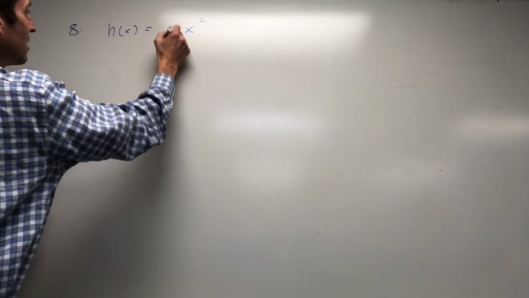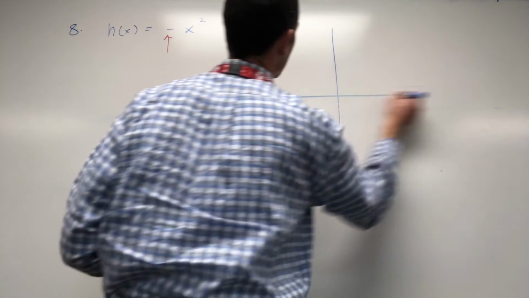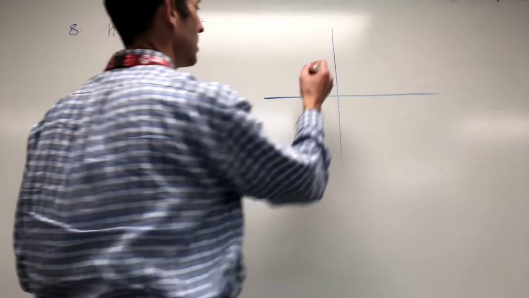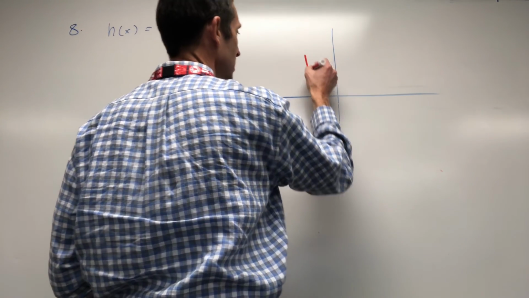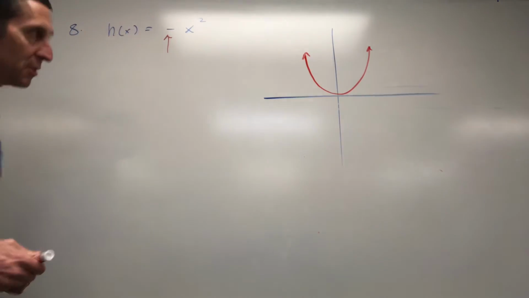And again, when you see that negative sign out in front, that's your ticket. You're like, oh, it's a reflection. I see that negative sign out in front. Let's graph this one. So I've got my quadratic, so I know it's a parabola. So there's my normal one. There's my parabola.